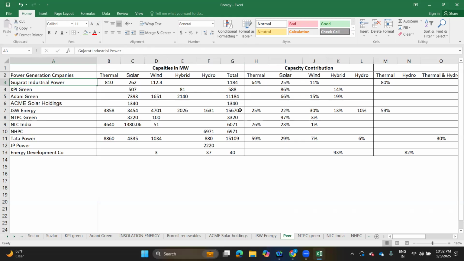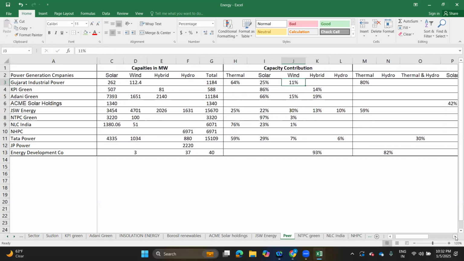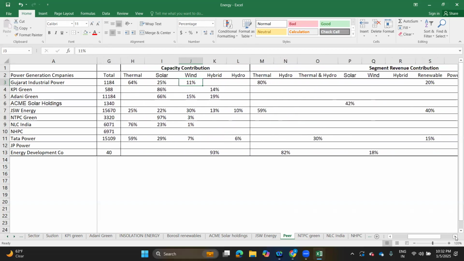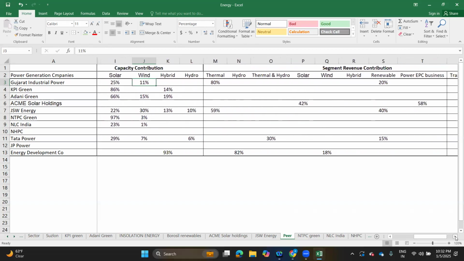So for Gujarat Industrial Power, 64% of its capacity is thermal, 25% is solar, and 11% is wind. But when we look at the revenue breakup, thermal power contributes 80%.